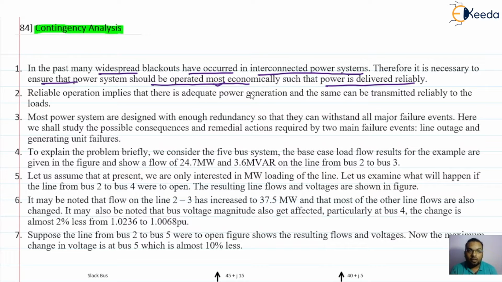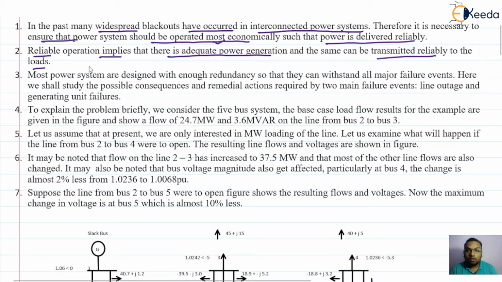Reliable operation implies that there is adequate power generation and the same can be transmitted reliably to the load. This is the meaning of reliable operation. Most of the time, practical power systems are designed with enough redundancy, so they are able to withstand major failure events as well.